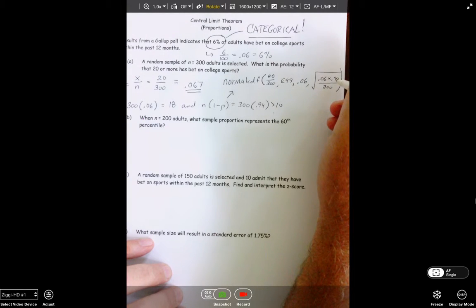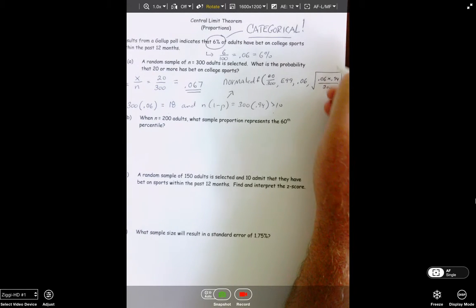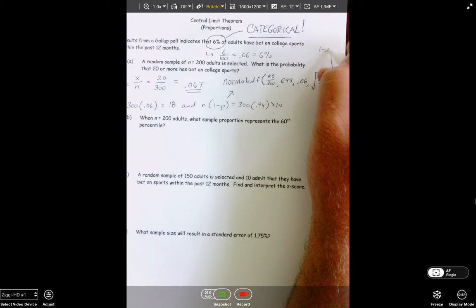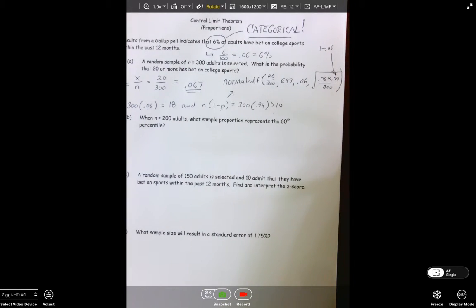Now, where's that 0.94 come from? Well, that's 1 minus 0.06. All right?